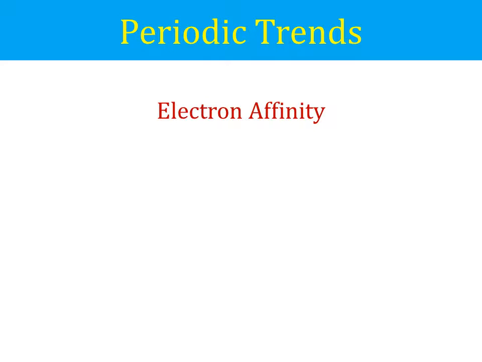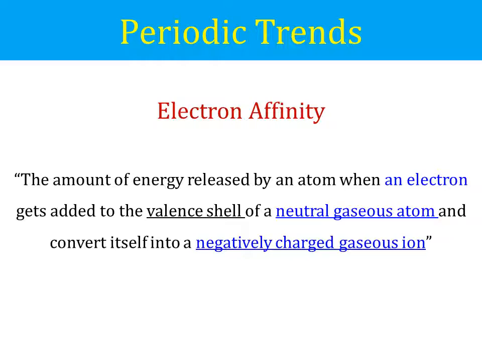Electron affinity is defined as the amount of energy released by an atom when an electron gets added to the valence shell of a neutral gaseous atom and converts itself into a negatively charged gaseous ion. I don't think there is much difficulty in understanding this sentence.